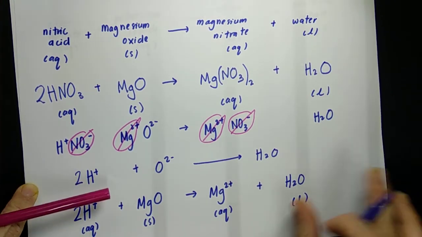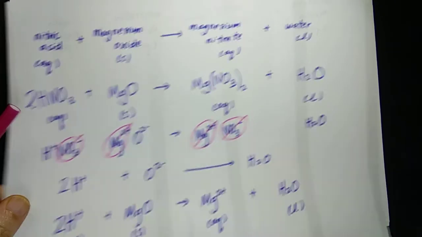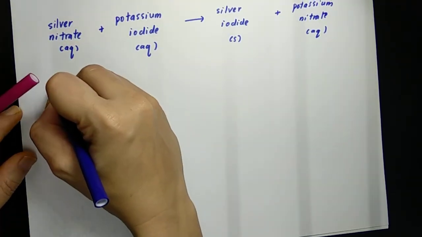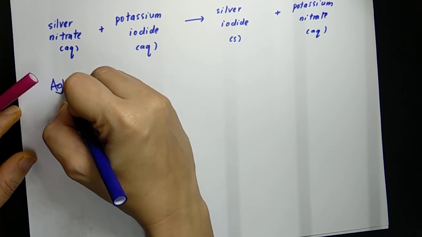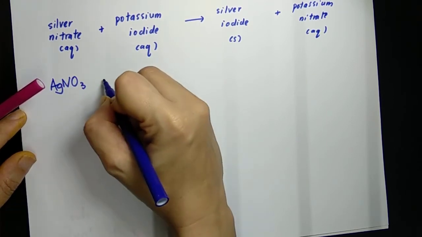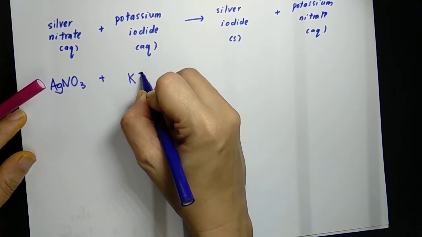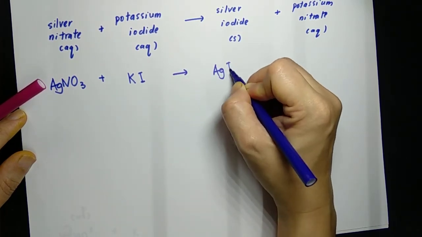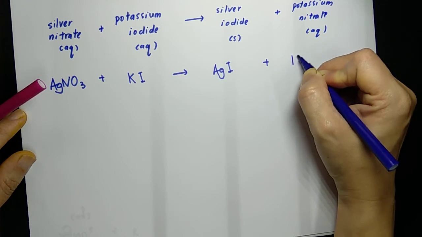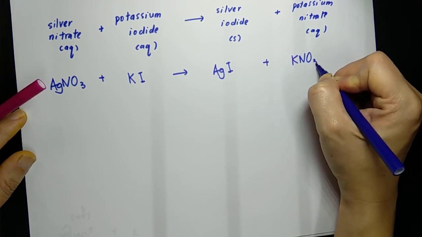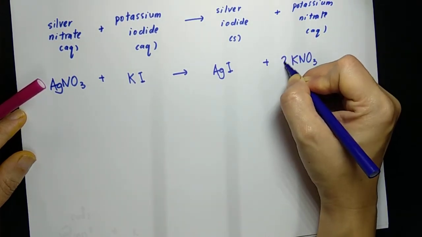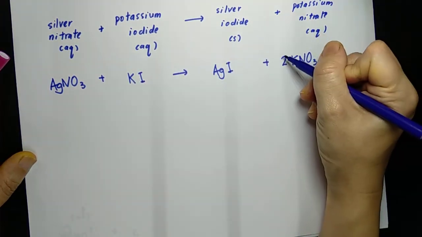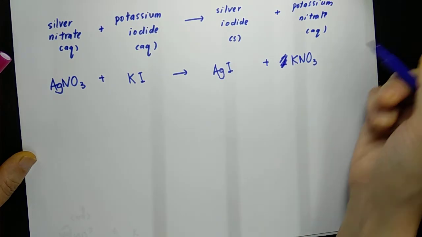Okay, let's try another one. Silver nitrate, potassium iodide, silver iodide, potassium nitrate. Don't need to balance the equation, it's already balanced.